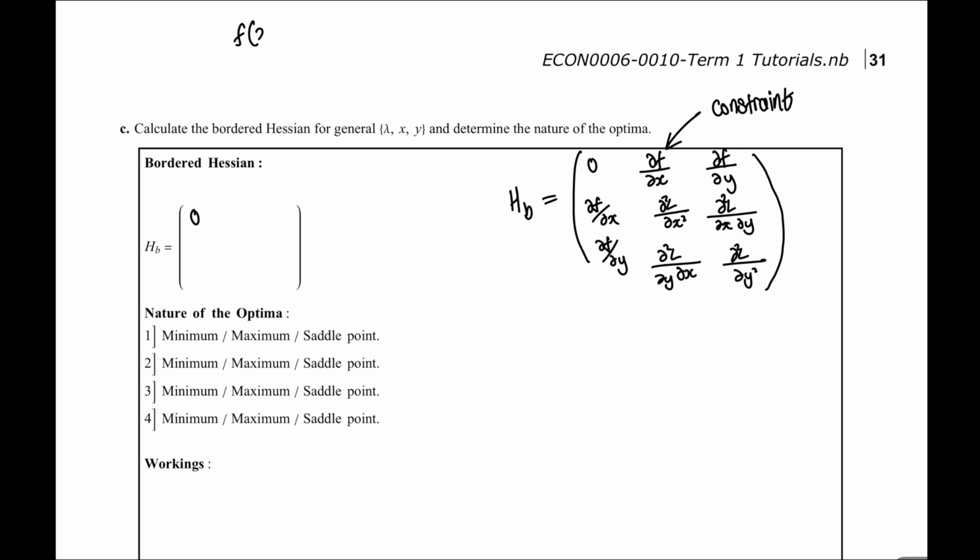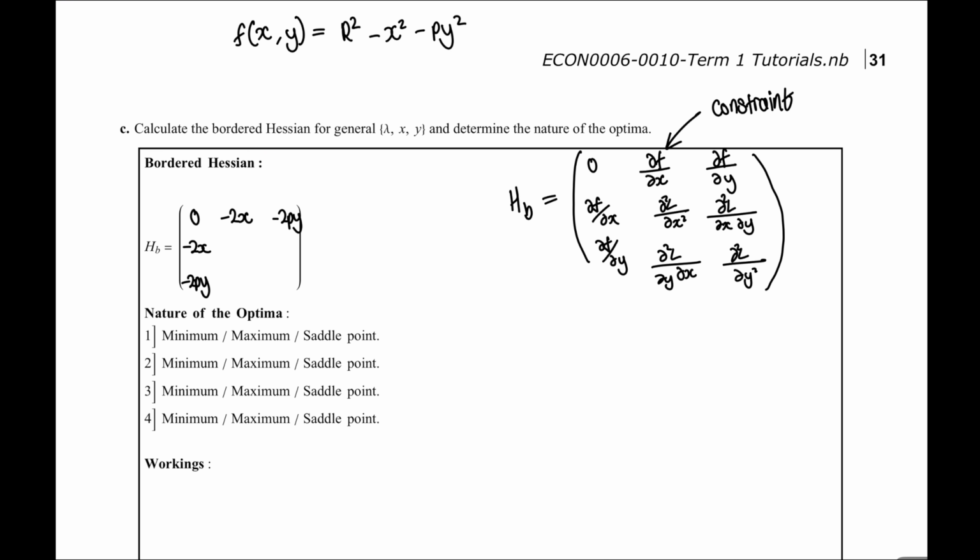Our function f of x comma y was equal to r squared minus x squared minus py squared. So when we differentiate that partially with respect to x, we get minus 2x. When we differentiate partially with respect to y, we get minus 2py. That's the same over here, so minus 2x, and then minus 2py.